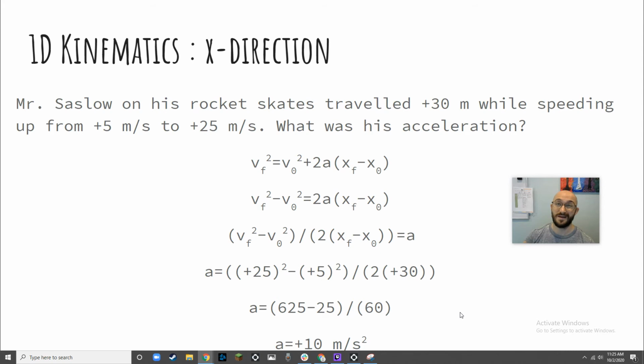Well, 625 minus 25 is 600. 600 divided by 60 is positive 10. In this case, it's acceleration, so positive 10 meters per second squared. Every second, my velocity changed by 10 meters per second.